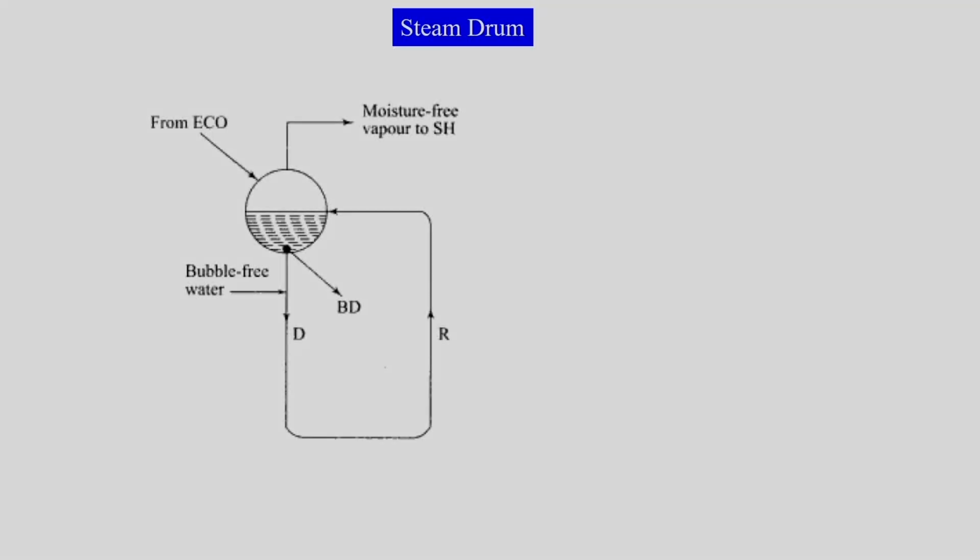Now, having seen the circulation, we are talking about the steam drum. The steam drum, or boiler drum, basically receives the water from the economizer. Once it receives the water from the economizer, it lets the water go through the downcomer either by natural circulation or by forced circulation, and then the water goes up into the riser.